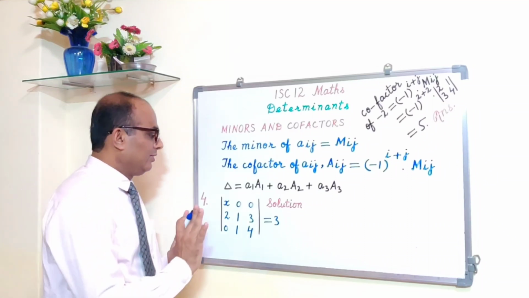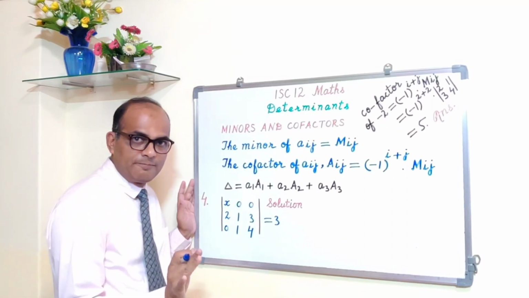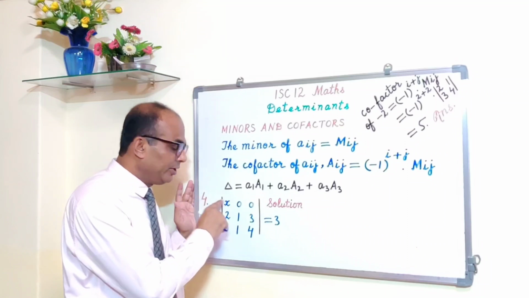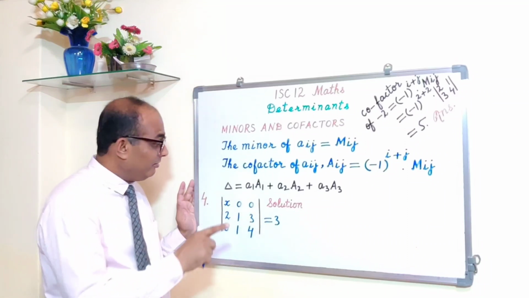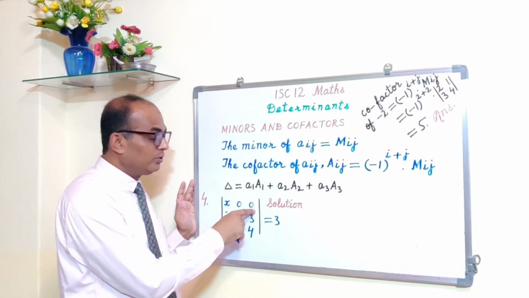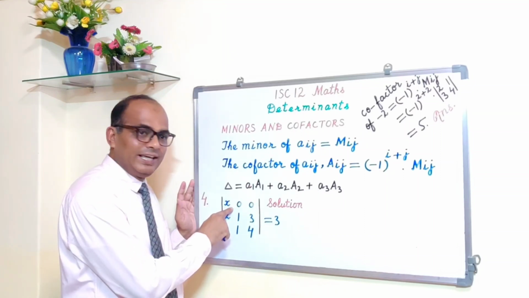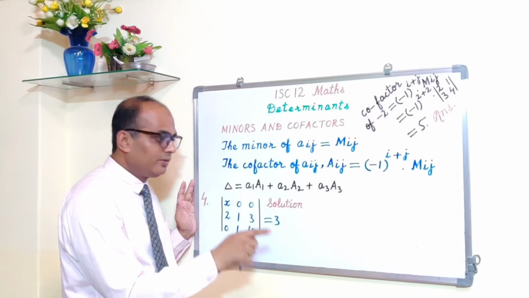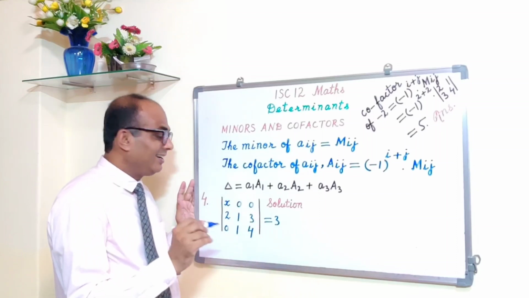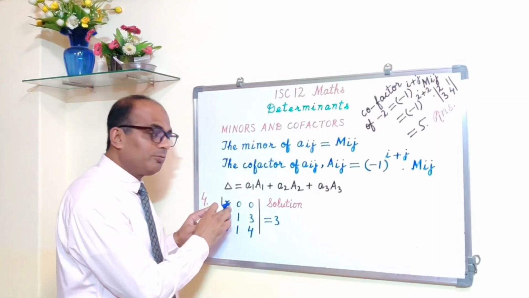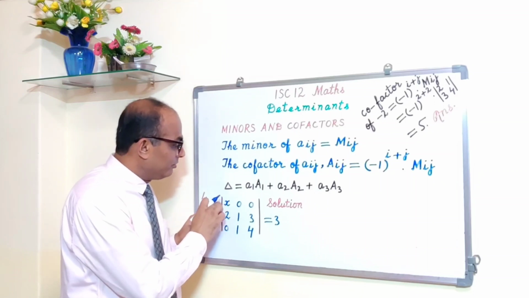So let's expand with respect to the elements of any row or any column. Better if we take the first row, because you have 2 zeros, so you will get only x into something, because 0 into something is 0. So let's expand along the first row.